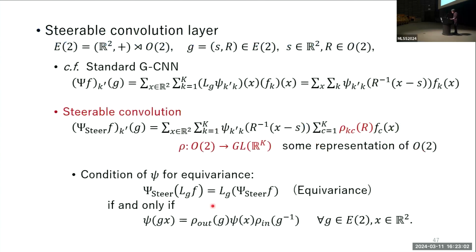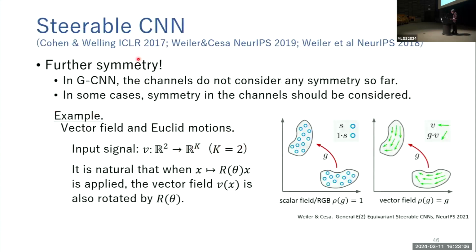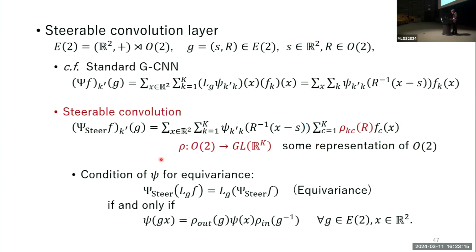For this purpose, these guys, this is the same group as our proposal of convolutional neural networks, Maxwell and the other people, consider the group action on the filter direction, the channel direction also. I skipped the details, but F is a signal and C is the index for the channel direction.